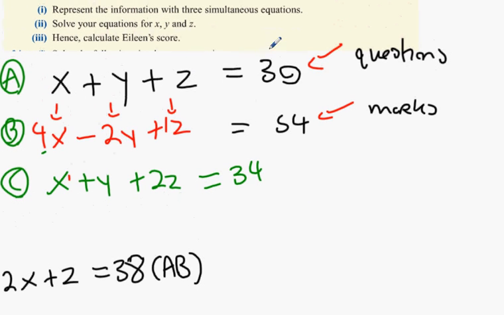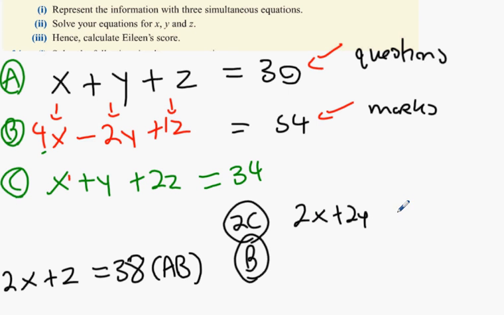I'm going to use B and C. Why should I use B and C? Yeah. And if I multiply C by 2, so if I do 2C with B underneath, it should work out great. So 2C, everybody? 2y, 68.